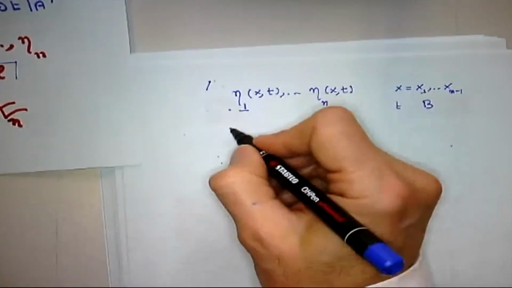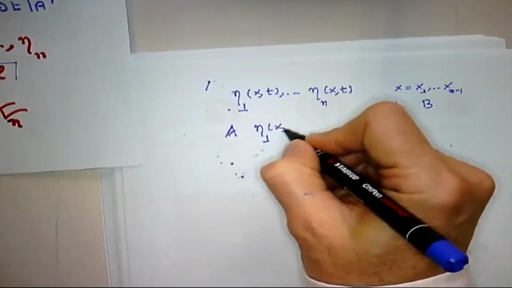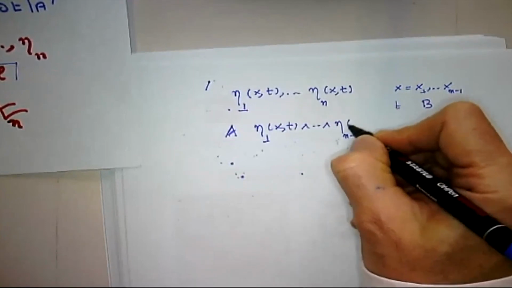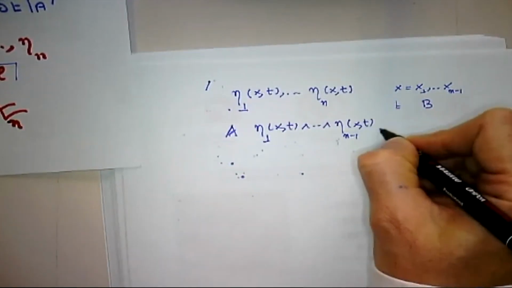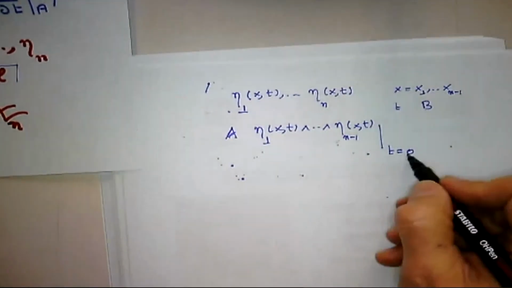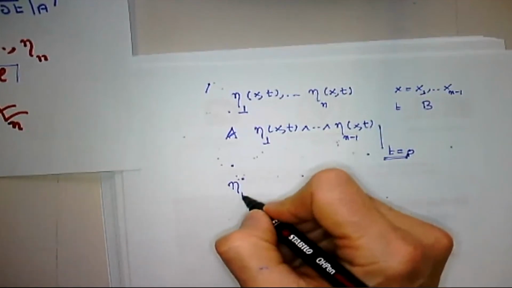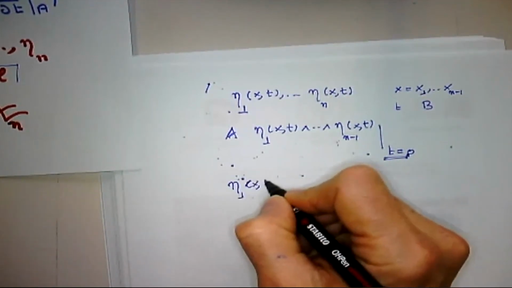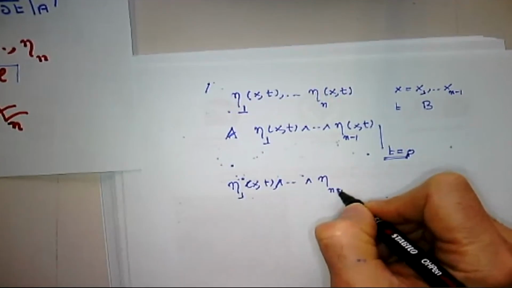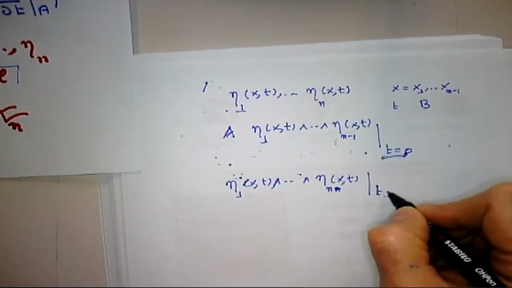You can do wedge n, so you can take, for example, eta 1 xt, wedge eta n-1 xt, and restrict, for example, to t equals 0. This restriction is something, or you can take the full volume form, eta 1 xt, wedge eta n plus 1 xt, and restrict to t equals 0.